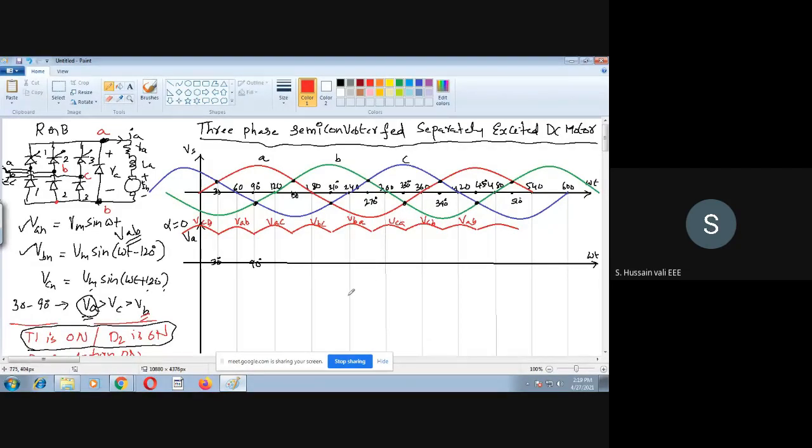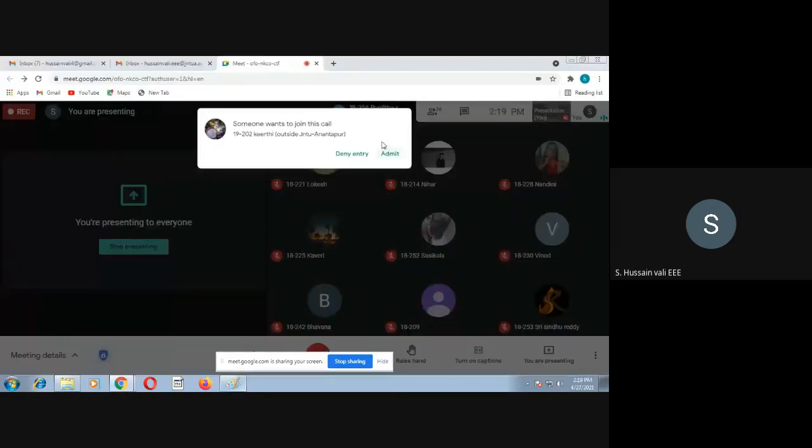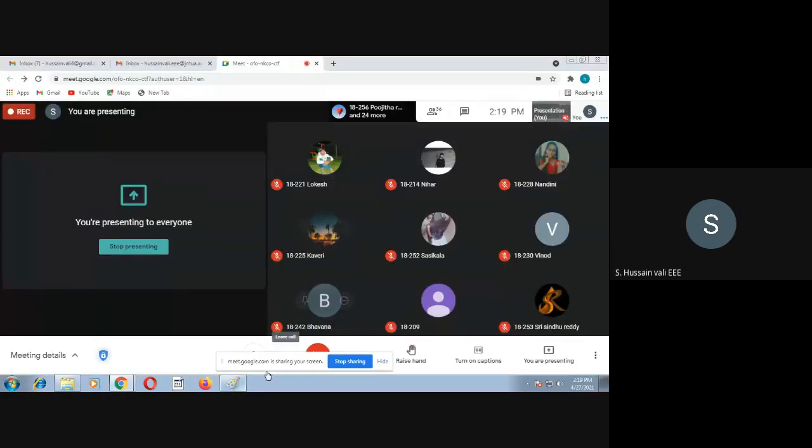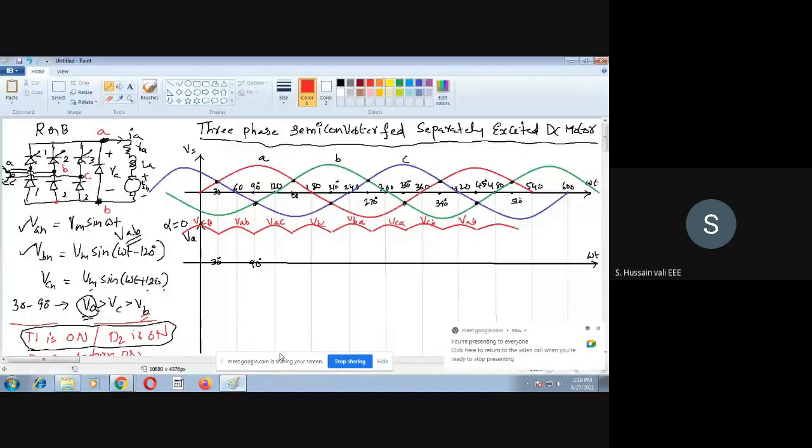One thing I will tell you: if alpha is more than 0, I will just take alpha itself. In that case, just see the small difference, which I will show you now.